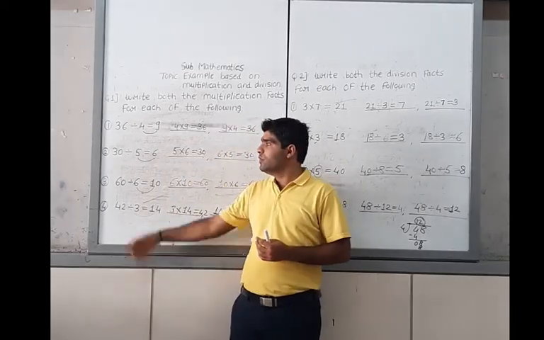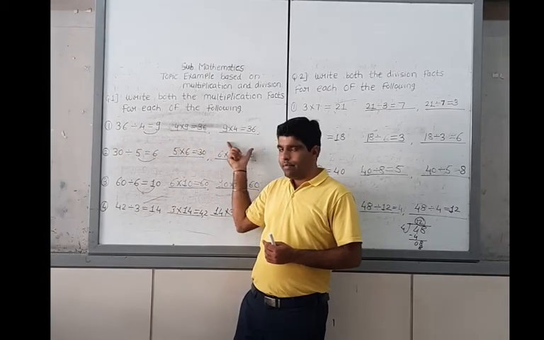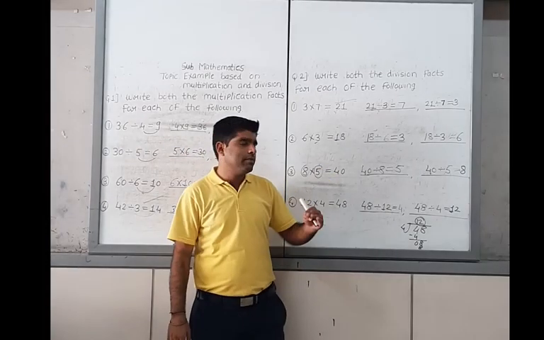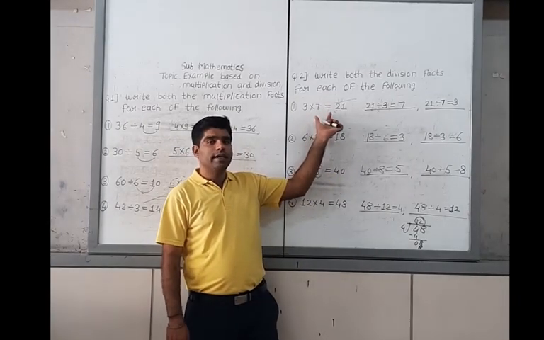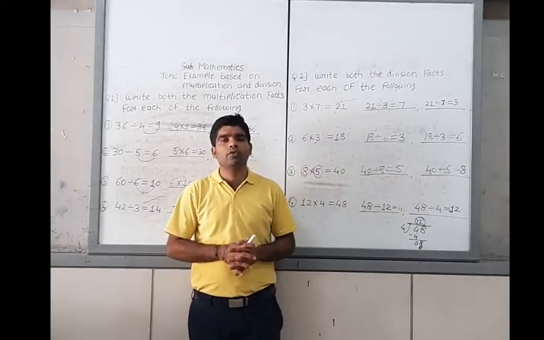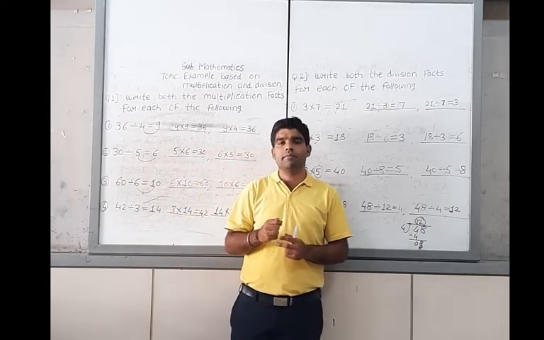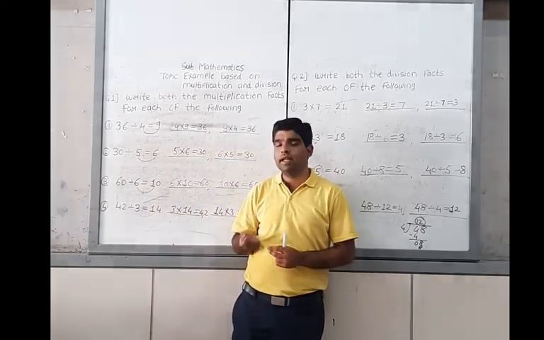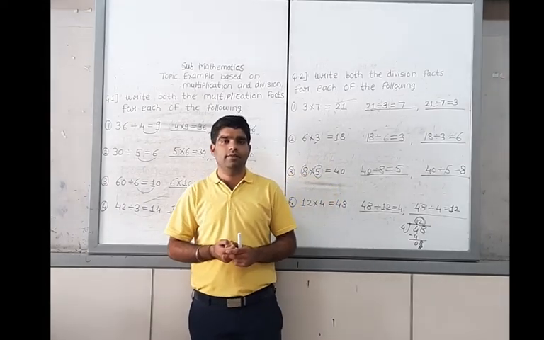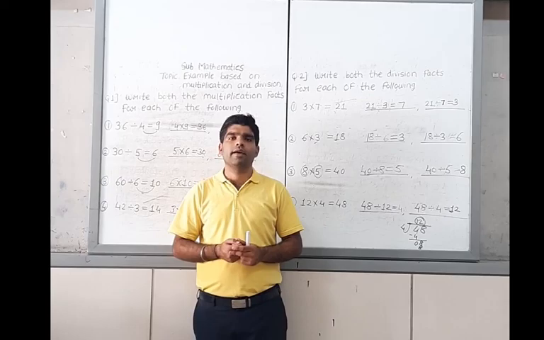It means that you have to write down in the form of division, and in the form of multiplication. I hope every student understood the concept of examples based on the multiplication and division fact. In the next topic, we will start from the next video, and have a nice day.